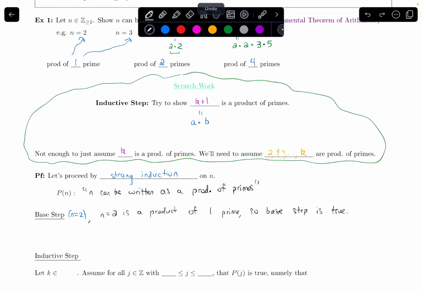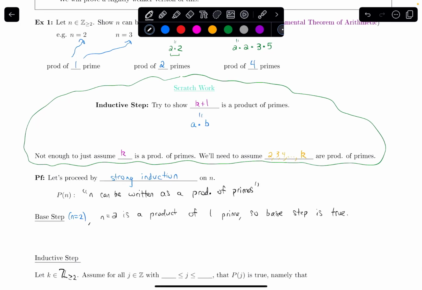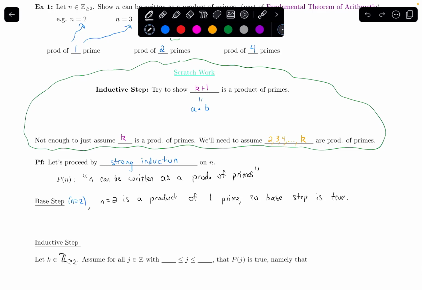Now I need to assume that P of n is true for 2 and 3 and 4 and everything up until k. More formally, I'm going to assume that for all integers j between 2 and k, P of j is true.